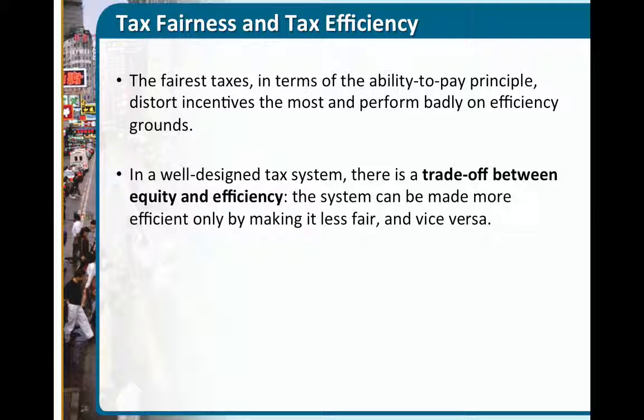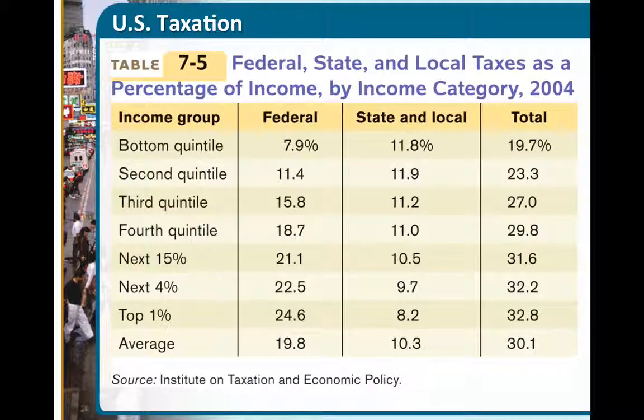If your income is $100,000, that gets raised to 30%. You have more of an ability to pay, but it certainly isn't fair. And why would I want to earn more if I'm going to have to pay more? That's where the incentives to make more are decreased when you have one of those tax systems. So there's a trade-off between equity and efficiency.